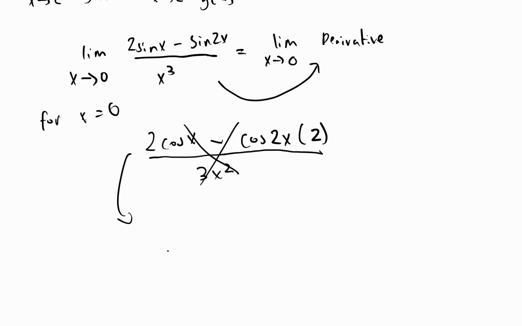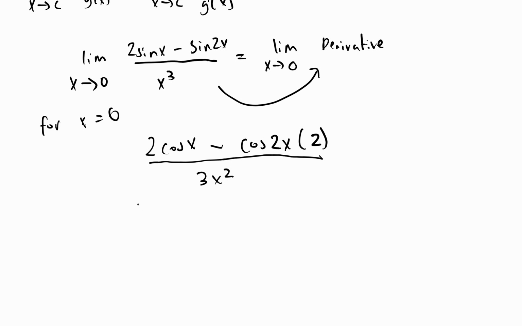So if I differentiate this again, 2 times cos x gives negative 2 sin x.